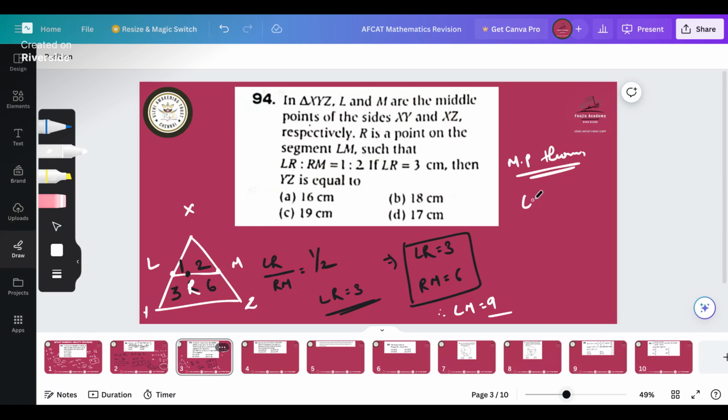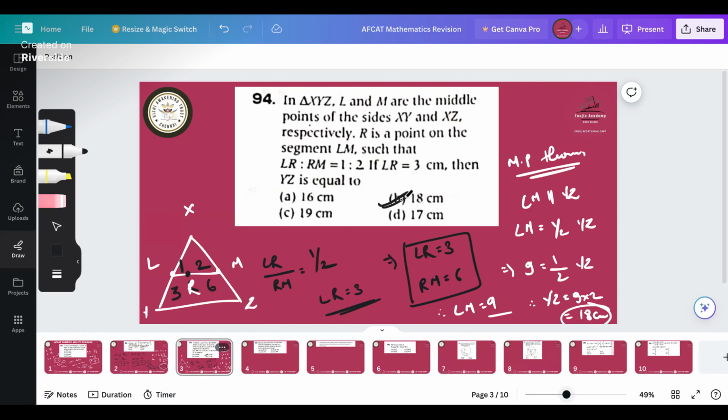That means LM is parallel to the other side and also half of it. So LM is equal to half of YZ. We already have the value of LM right now. It is 9, and half into YZ, which means YZ is equal to 9 into 2, nothing but 18 centimeter will be your answer.